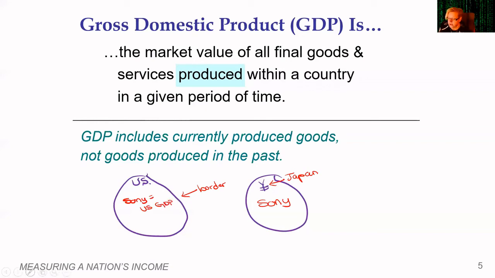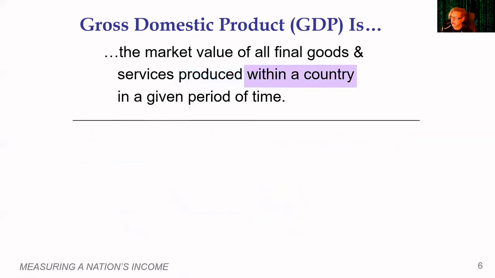Now, another example might be Kentucky Fried Chicken, right? Kentucky Fried Chicken is based here in the US. But if they sell the chicken in Japan, that becomes part of Japanese GDP. Okay, so produced within a country, I kind of did both of those.